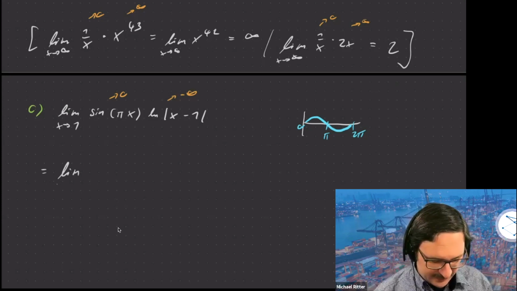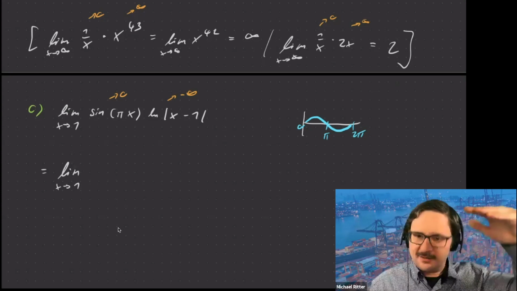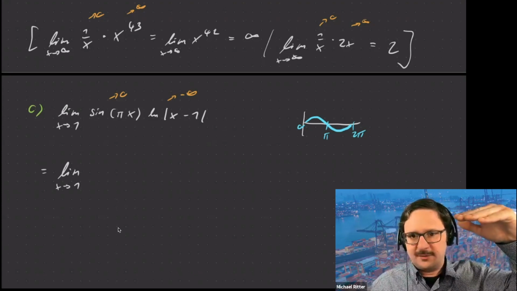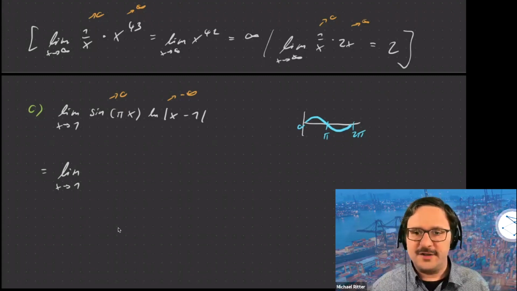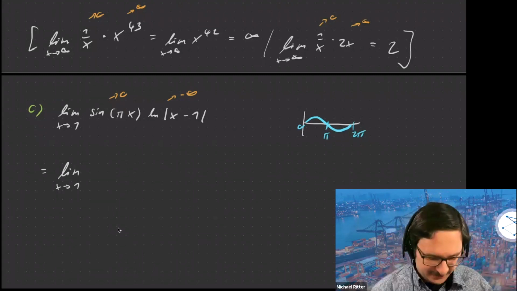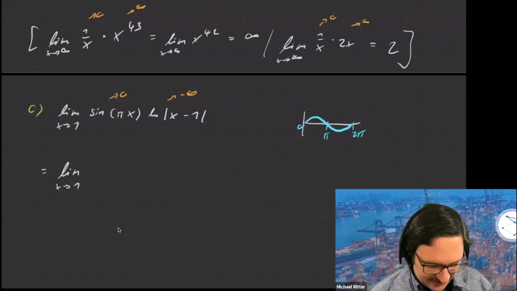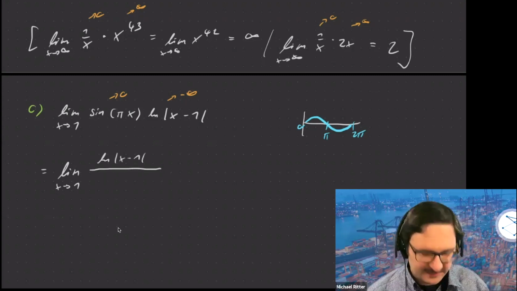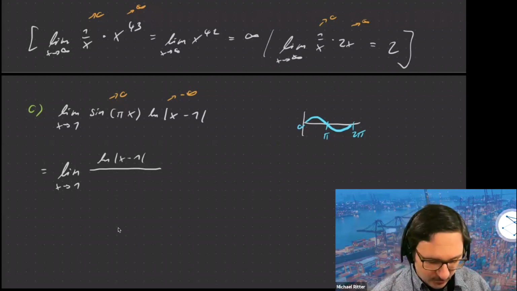And in this case, again, I'd like to have the ln on top, because the derivative will be much easier if I can differentiate the ln and not 1 over the ln. So my reformulation looks like this. I have the ln here, and then instead of multiplying by the sine, I divide by 1 over the sine.